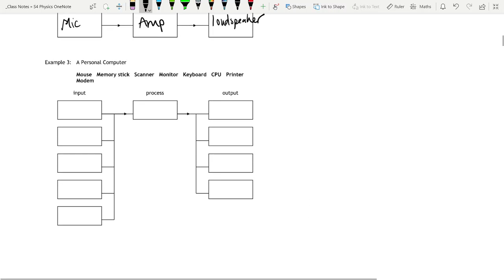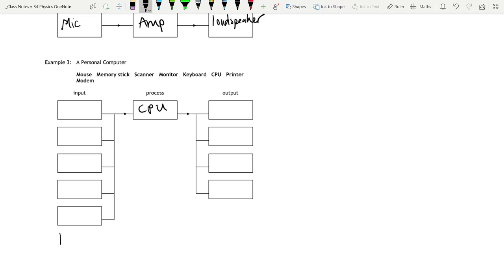Example 3 actually is a little bit of an old-fashioned example because I think some of it is just thinking of it in old-fashioned ways. So there are lots of different ways to input into a personal computer, PC. There's only one thing that processes, which I can tell you now, is the CPU, the central processing unit. And then there are lots of different ways to output as well.